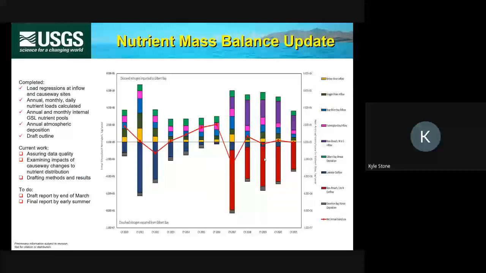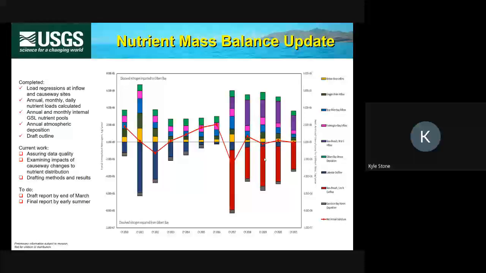These breach loads could be updated, as USU is working on a discharge data set at the breach that's going to be a little bit better than the linear regression that we have developed for it. Annual, monthly, and daily loads have been calculated from the inflows as well as the internal nutrient pools. Atmospheric deposition through 2021 has been calculated, and we have gotten a draft outline created.